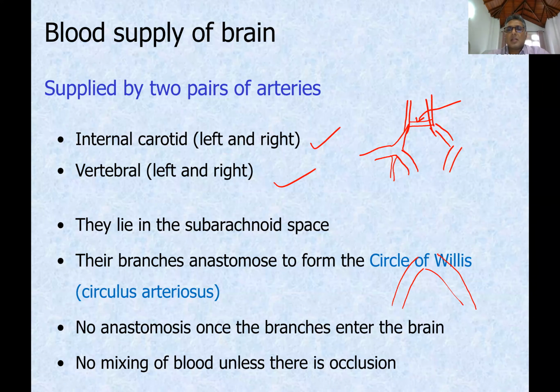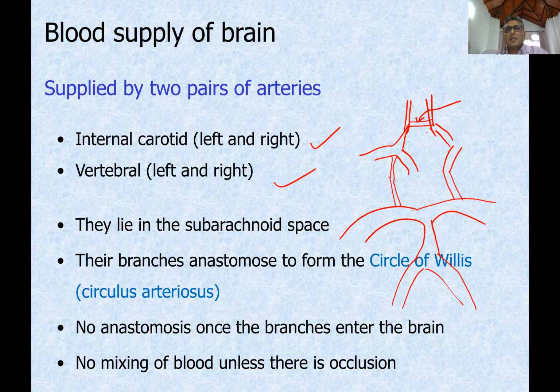And these vertebral arteries form one artery which is called the basilar artery, and that one gives the posterior cerebral arteries like this, and this posterior communicating artery communicates with the posterior cerebral arteries. So that's how you have a circle of arteries here. We will discuss that later.